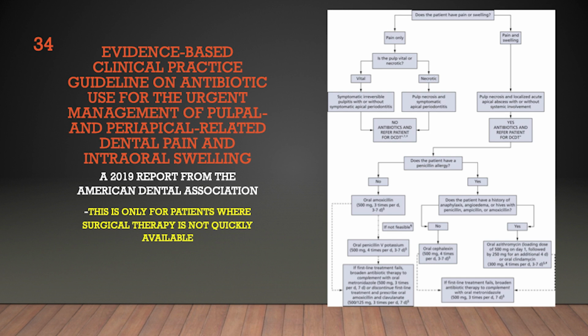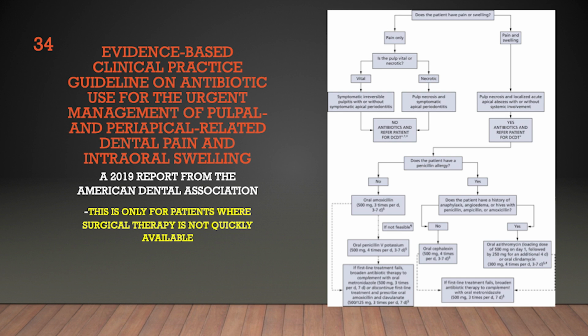So penicillin allergy, we don't really worry about that too much in pets, but their first line for people that don't have penicillin allergies is going to be amoxicillin. And if they do have a penicillin allergy, but not anaphylaxis, they're going to do cephalexin. If they do have anaphylaxis, azithromycin, because technically cephalexin is close enough to penicillins to potentially push somebody into anaphylaxis.